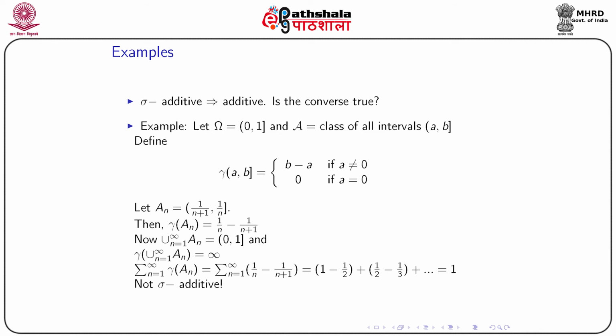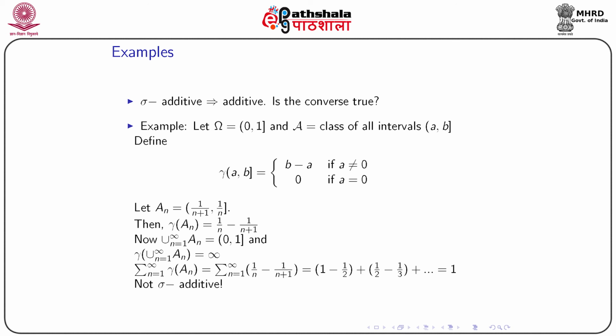If I add all these gamma values, it will be the sum of 1/n minus 1/(n+1), where n ranges from 1 to infinity. This sum is very special in mathematics. It is something like 1 minus 1/2 plus 1/2 minus 1/3 plus 1/3 minus 1/4 and so on. A close look at the sum will reveal that it is nothing but 1.